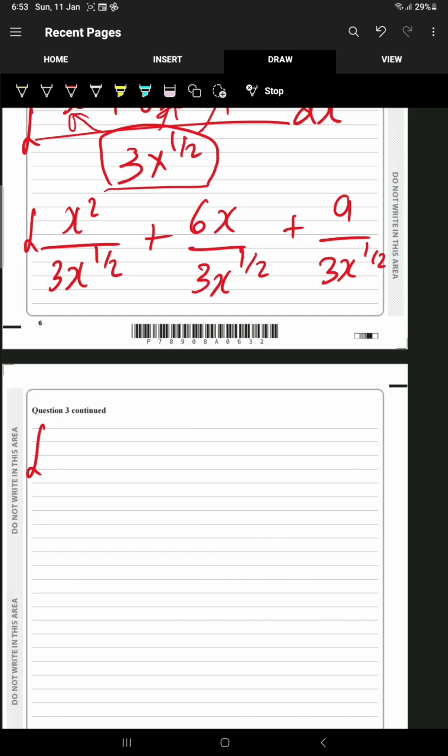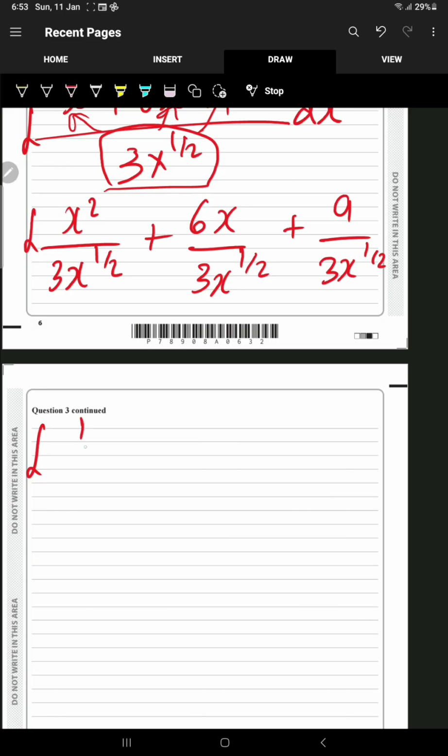Now we need to use the laws of indices. We know that the bases are the same, and we can do 2 minus the power of half. Whenever the powers are divided, you subtract them.